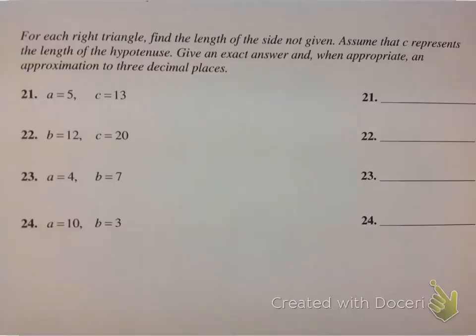Now on these problems, they don't give you a picture, they just describe what it would look like, so I highly recommend that you draw your own picture. So let's look at this first one. I'm just going to draw a right triangle.